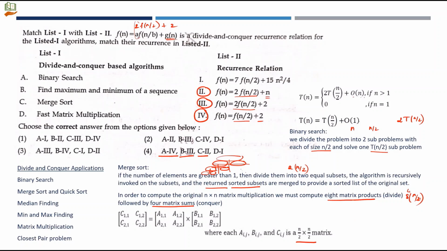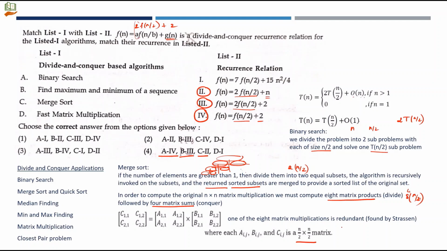Out of these 8 matrix multiplications, since they have mentioned it as product, one product, that is one multiplication, is redundant. It means it is repeated, and this was found by the person called Strassen. That's why when explaining this algorithm, they will mention Strassen's matrix multiplication. But here it is about fast matrix multiplication.